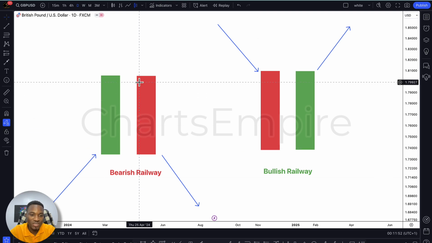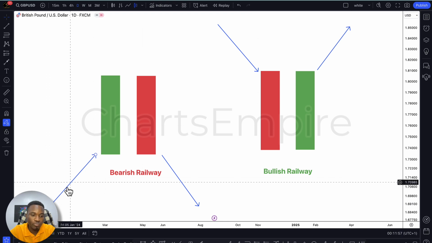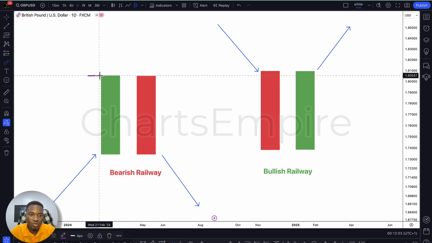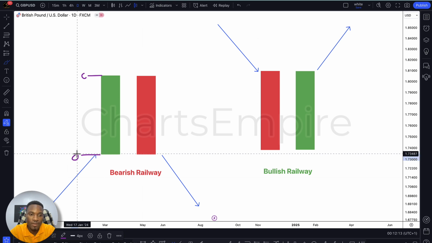You can see that the price rallied, that is the buyers push price up, and the last bullish candlestick has a close above. This is the open of the candlestick. At the lower side, we have the open right here.